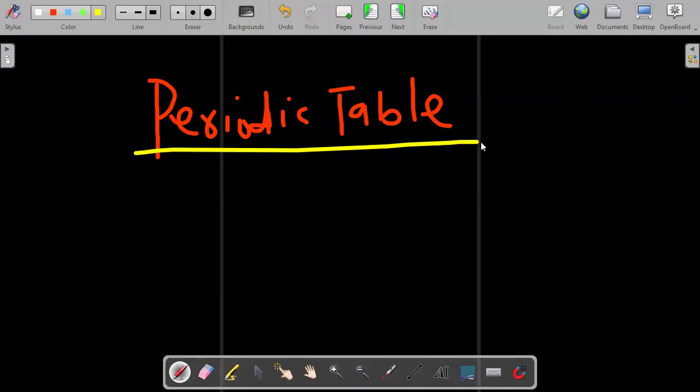So we group them: let this area be novels, this area poetry, this area prose. That's what brought about the concept of the periodic table: people trying to arrange elements so that it will look decent.